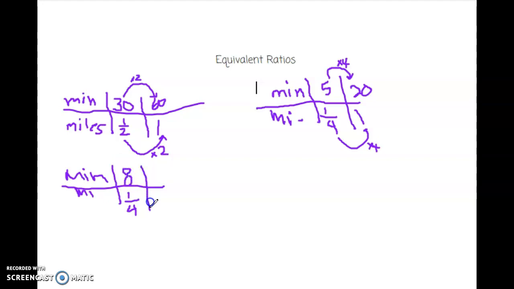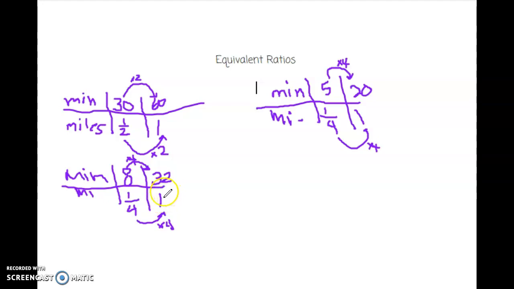Now, just like the last one, you're noticing that 1/4 times 4 is 1. So you're going to multiply 1/4 by 4 to get 1, and then you're going to take your 8 times 4, and 8 times 4 is 32. So it took this student 32 minutes to walk 1 mile.